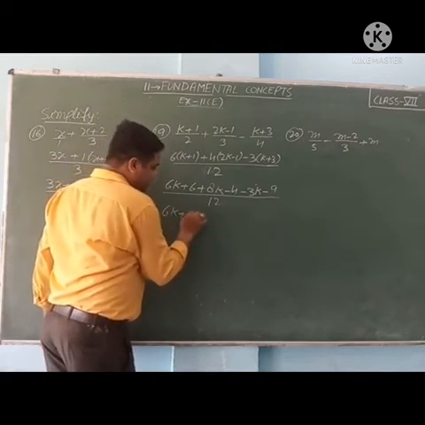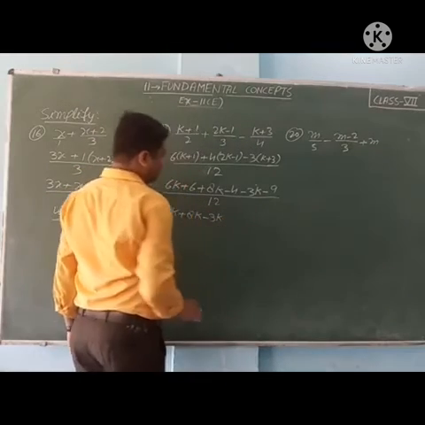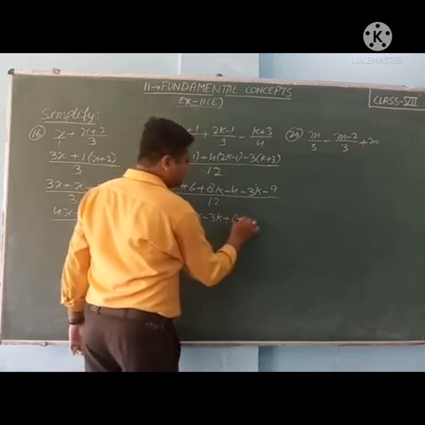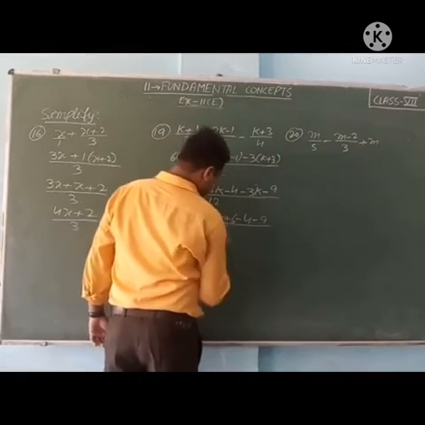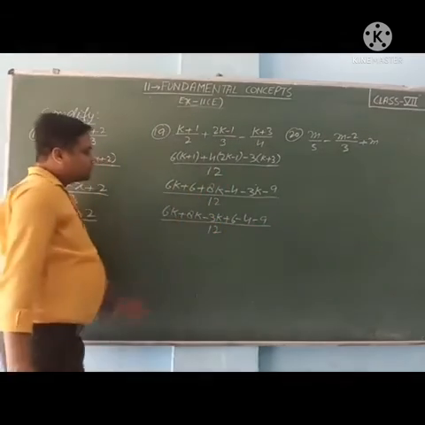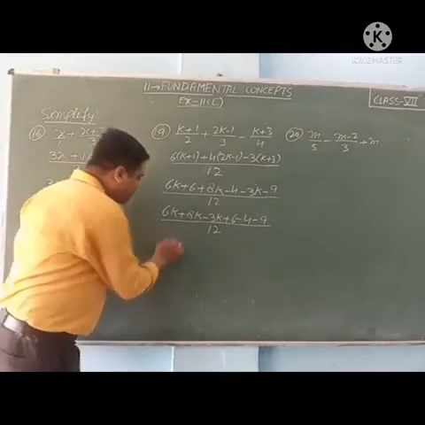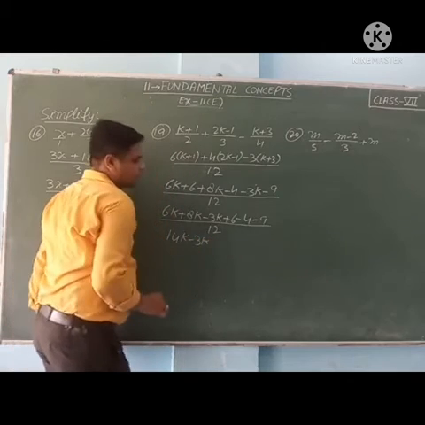Plus 8k, any other k? Yes, minus 3k. Then plus 6, any other number? Yes, minus 4, then minus 9 upon 12. 6k plus 8k, both are positive, so 14k, then minus 3k.